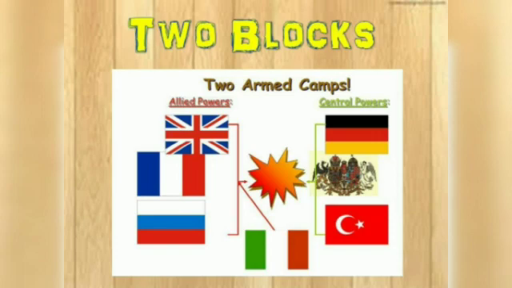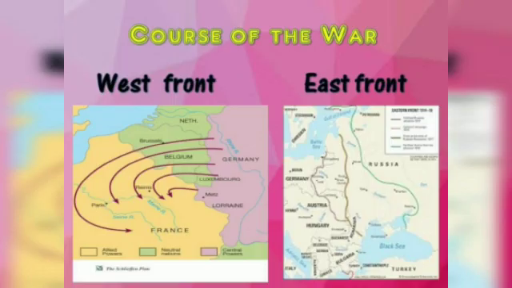The bloc states consisted of the countries that joined the Triple Entente, while the Central Powers consisted of the countries that joined the Triple Alliance. Triple Entente, Triple Alliance.